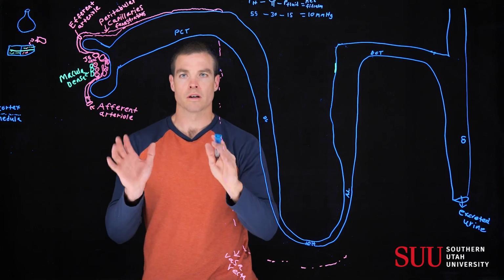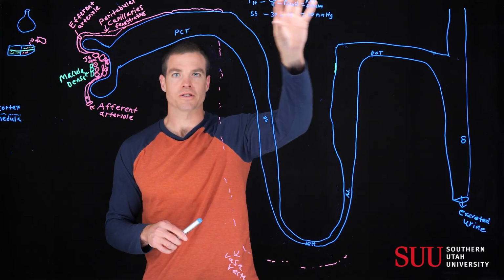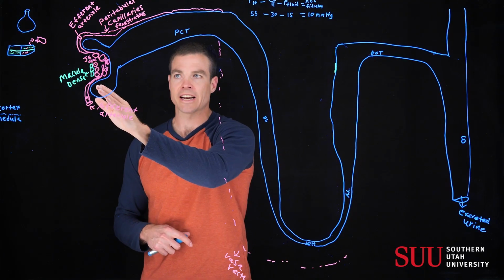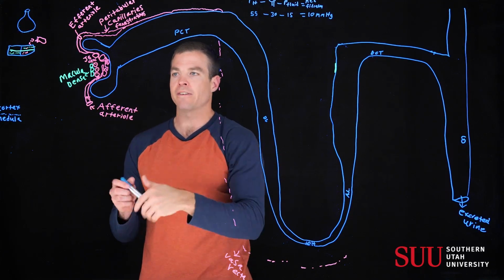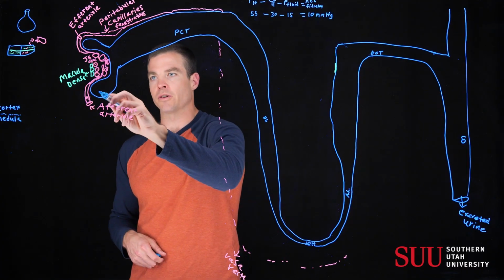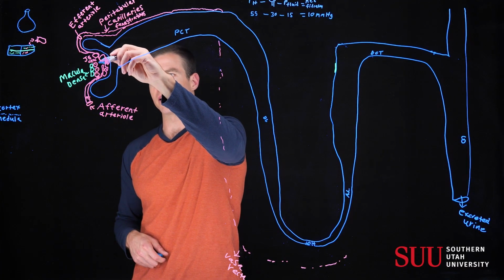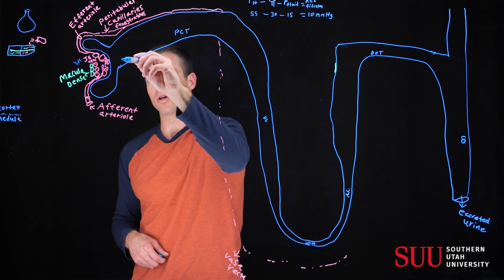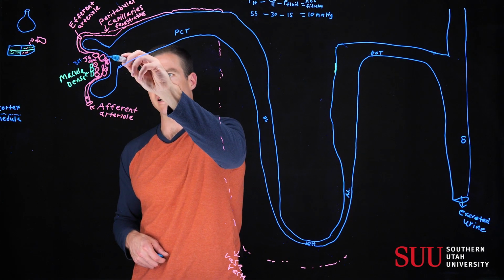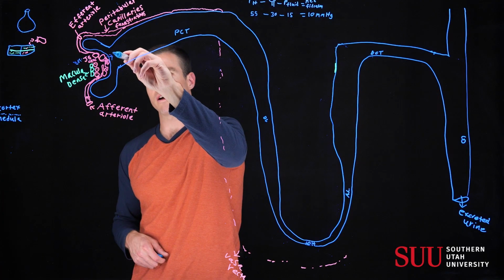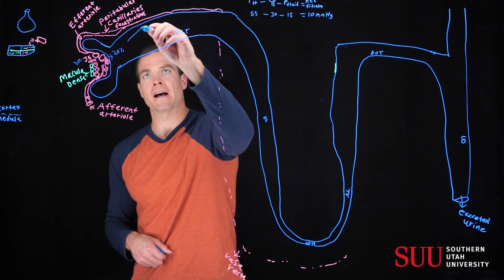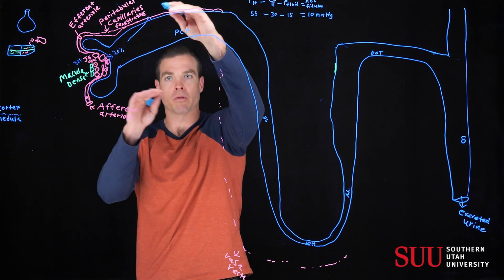All right. Okay, I just want to remove that equation up here so you can see me better. Now we're talking about filtering this blood, and in fact around, let's say, 80% of the blood is going to be coming through this area right here. Well, how much is going to be getting filtered actually? Well, it's around 20%. So you get 20% here, and then you end up reabsorbing back into the blood.